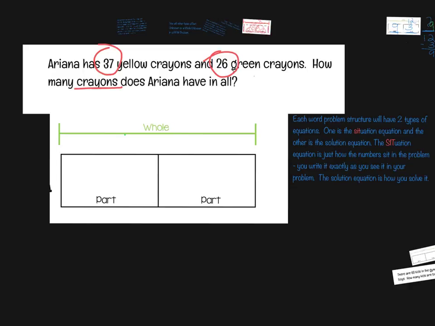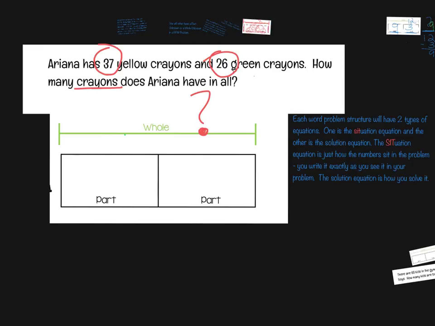Okay, look at your word problem. Do you have your parts? Do you have your whole? Okay, so which one are we looking for here? That's right, we're looking for our whole. Our whole is our unknown. We have both parts.